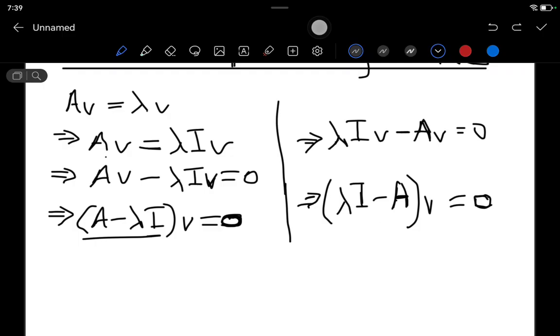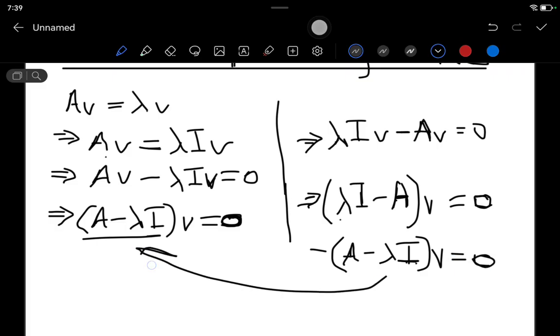Reason being, if I factor out the negative here, remember I can drive this to this. If I factor out the negative here, it's going to be A minus lambda I V, which is equal to 0. And if I divide both sides by negative, they'll still take me here.